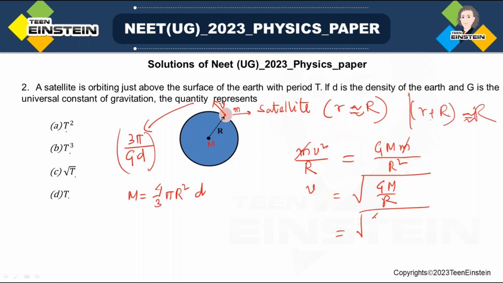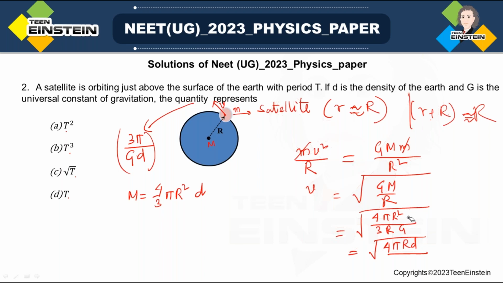See, 4 pi R square d by 3R into G. We can just do a little bit of simplification. So this can be written as 4 pi R d by 3, and G will be there, obviously.